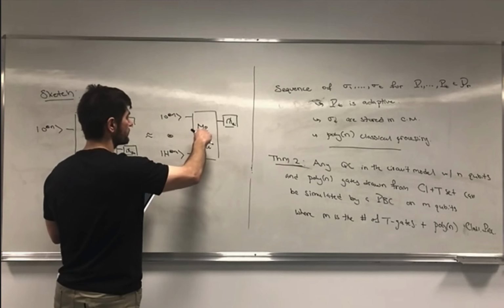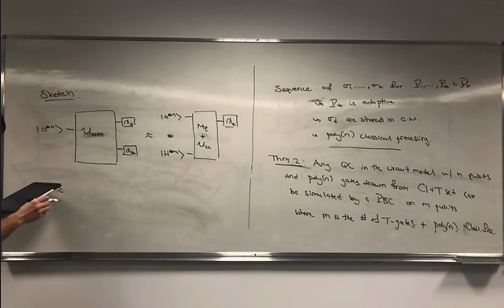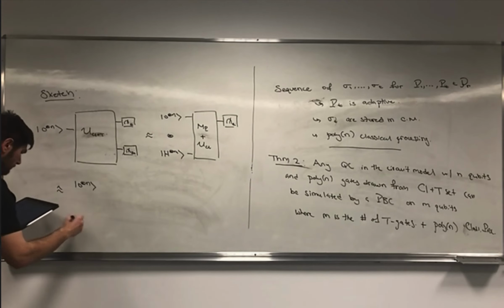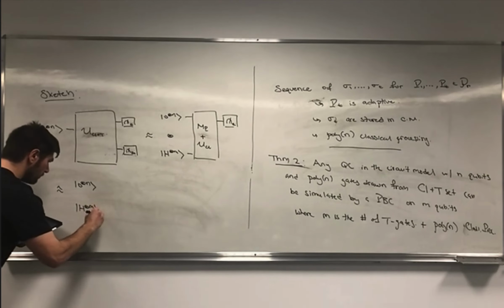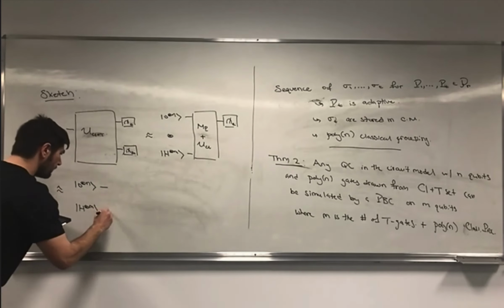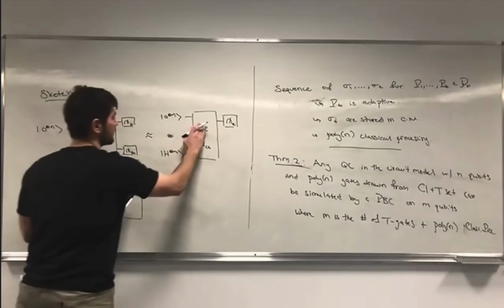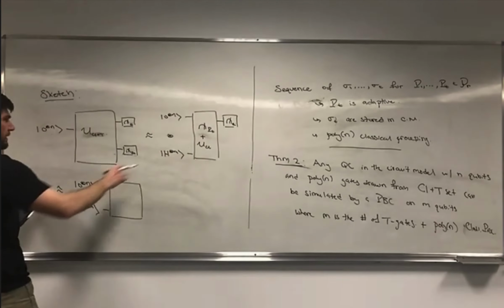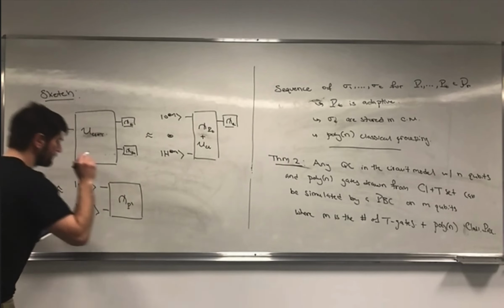That just changes which Paulis I measure. So I have that this is something like some set of Paulis in here. So now I just have a measurement of a different set of Paulis.